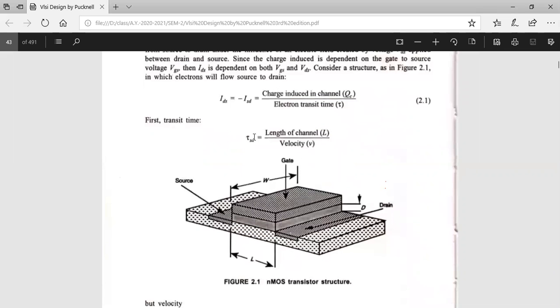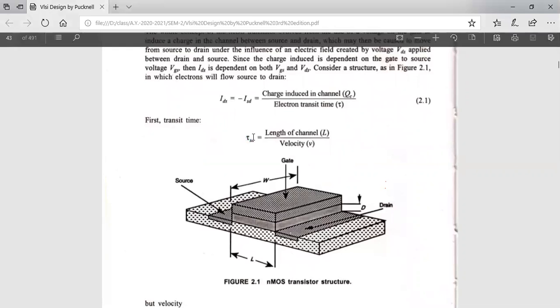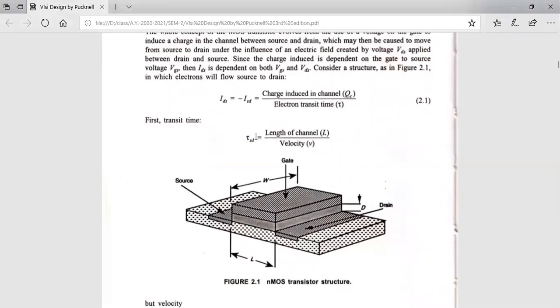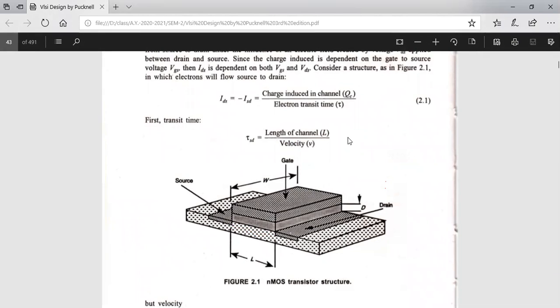This electron transit time tau SD means the time taken by the electron to move from the source to drain. What will be the length of the channel? I indicated already here, the length of the channel is L, divided by the velocity. What is the formula for velocity?